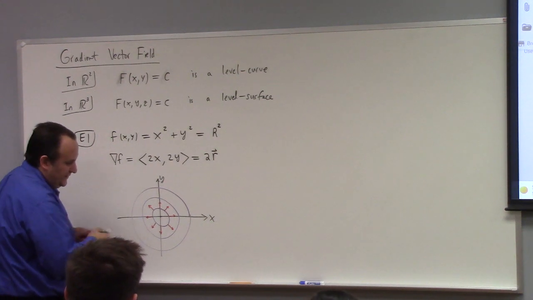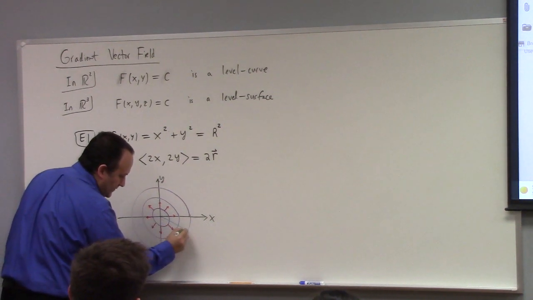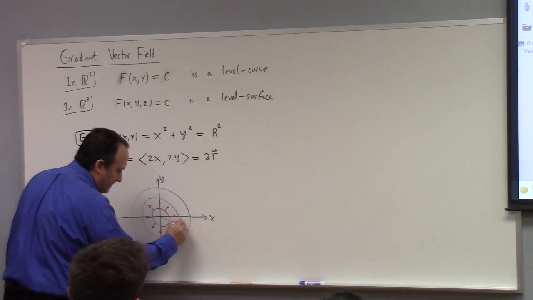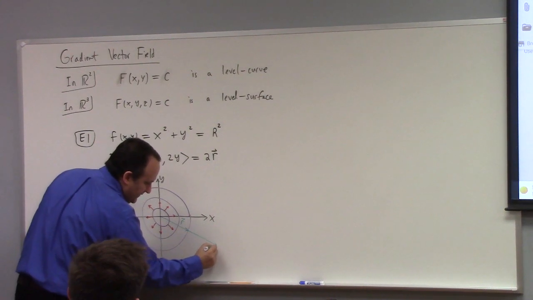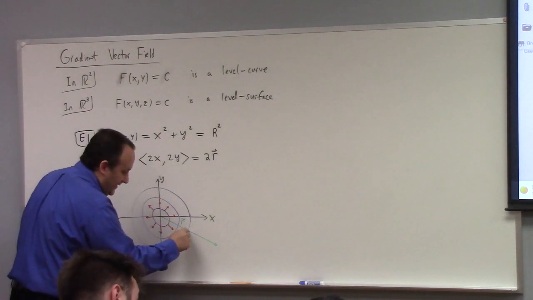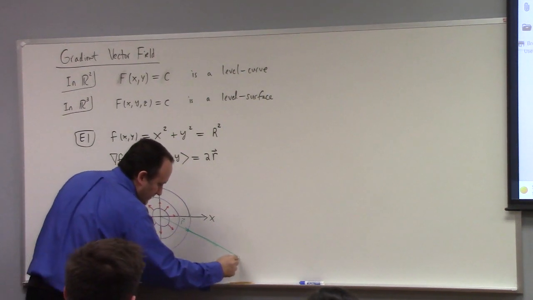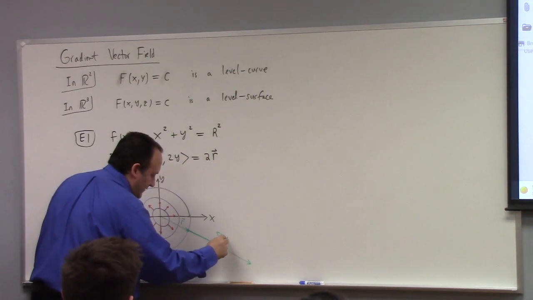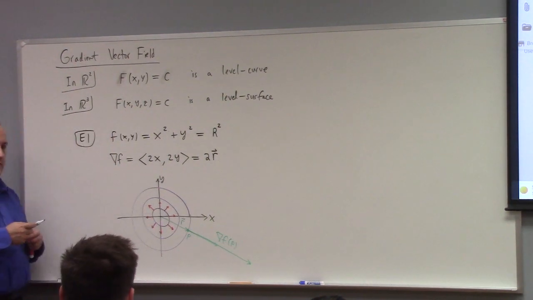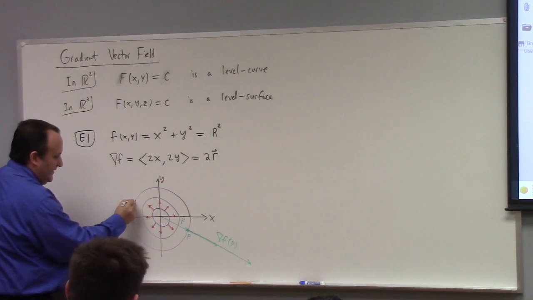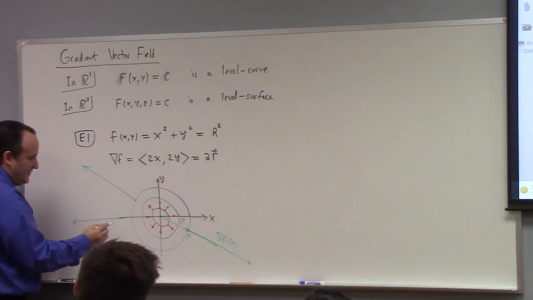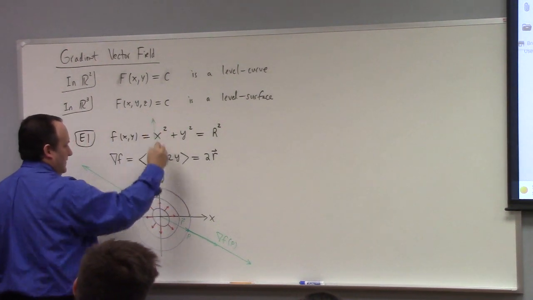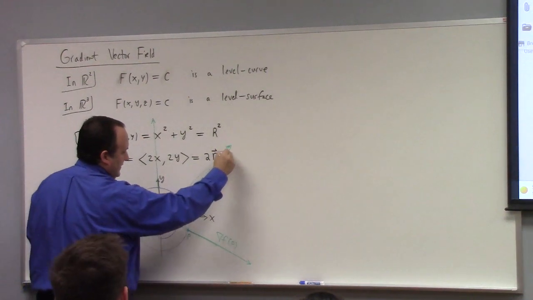So let me draw one out here. The r vector is this, to this point right here. So 2r would be like this, but if I'm basing the vector field at the point in question, then this would be the gradient of f at this point P. So with that in mind, if I drew the gradient vector field with the lengths of the vectors approximately correct, it would look something stupid like this, right?